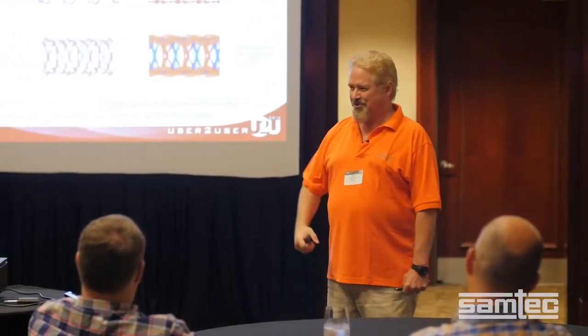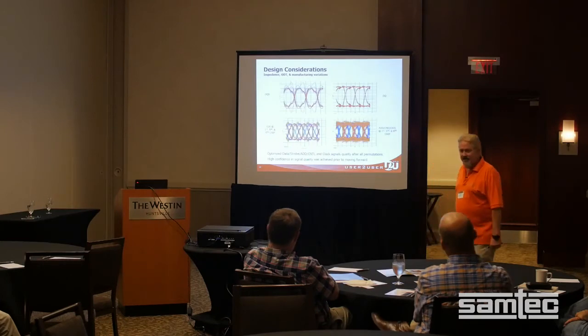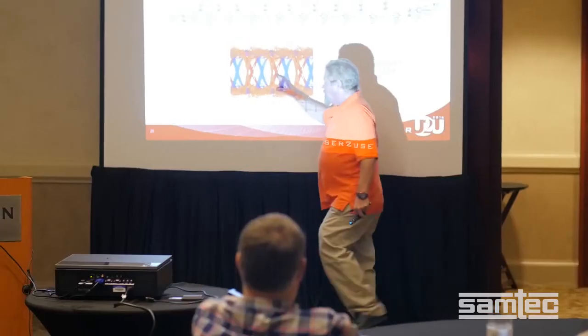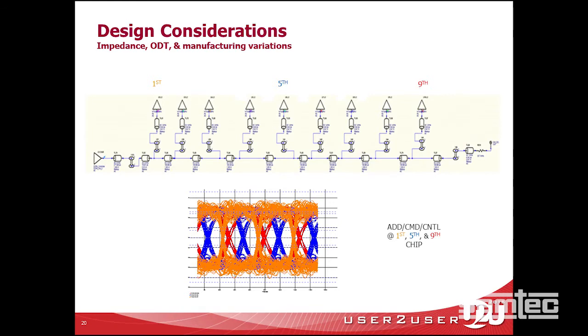Because most guys getting into SI think the first is going to be the best. It's all those stinking reflections. So the worst one is the first, and you can see all the noise on this, because as you go up here and hit the load, what's a load look like? Capacitor, which is going to reflect. Remember, what's a small capacitor look like on an edge?